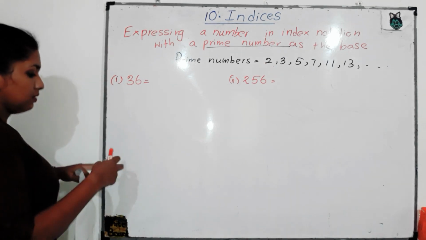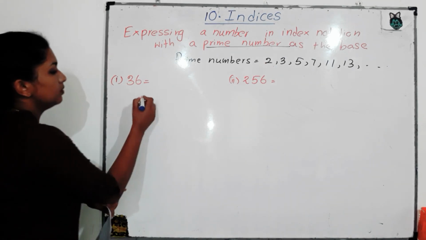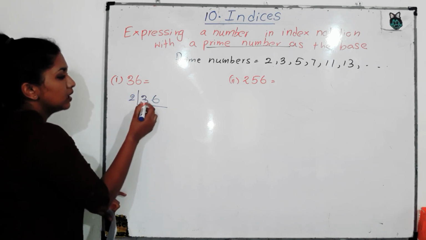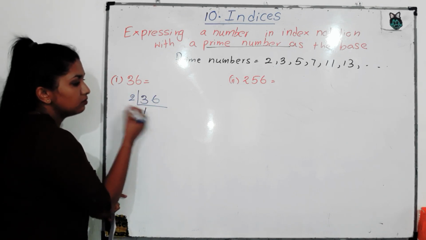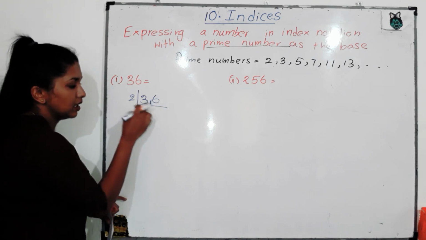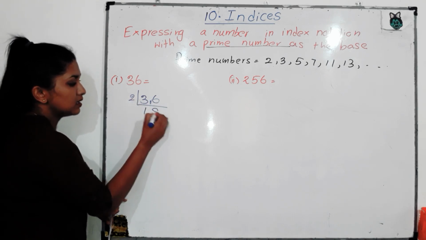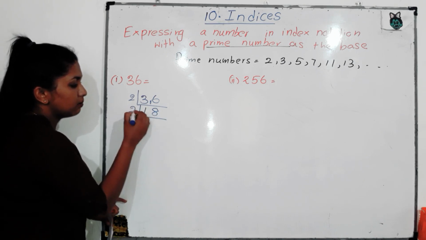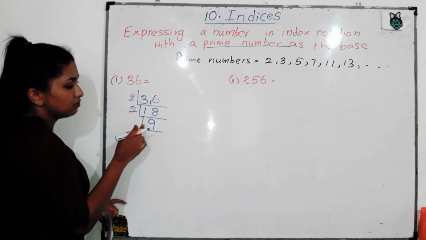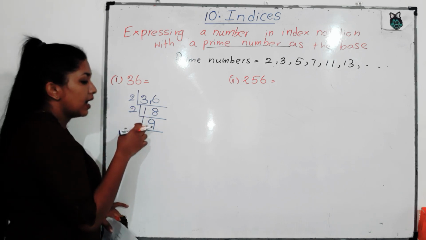Then we can use the division method. 36. First we can divide this one by 2. Then 3 divided by 2 is 1. 1 remains. We can write the remaining one here. Then 16. 16 divided by 2 is 8. Again we can divide by 2. Then 9. Now we cannot divide 9 by 2.